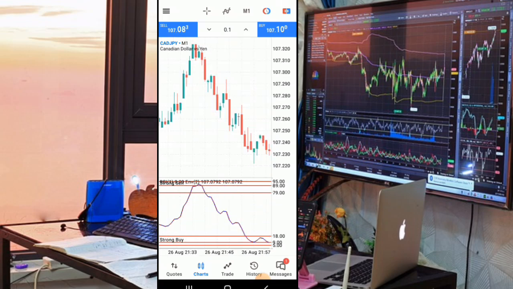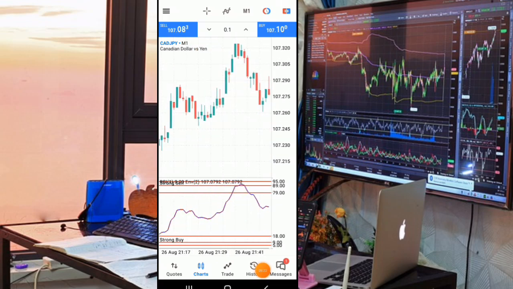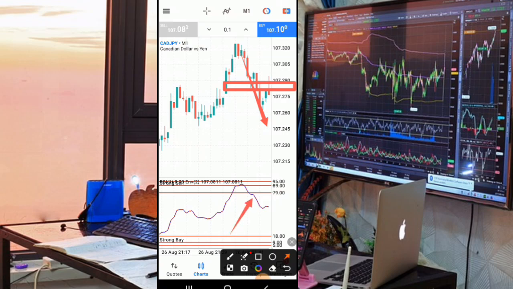So if we check over here, you can see that the last step was just at this point over here, and then you can see that price came to break the last step over there, and that is why we can now place our entries down there.